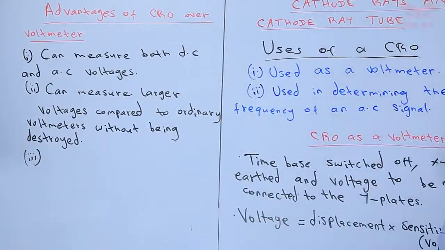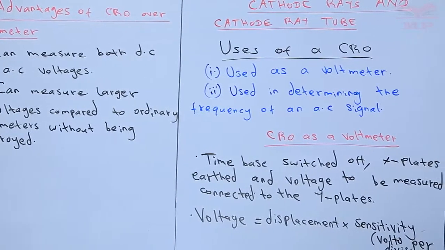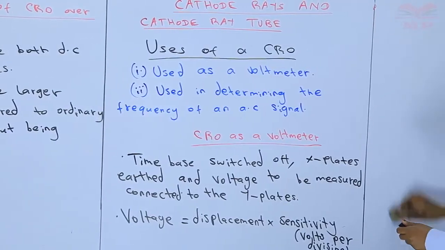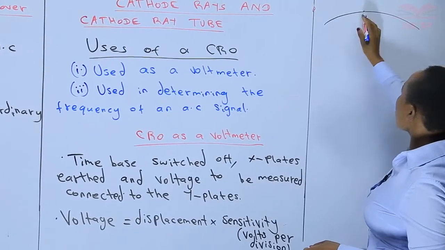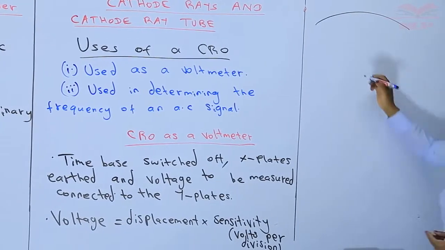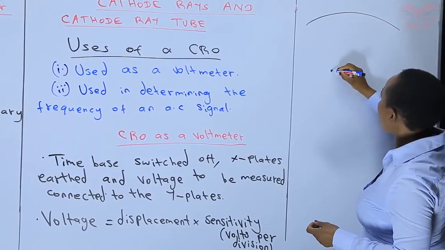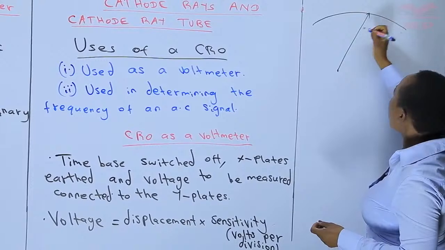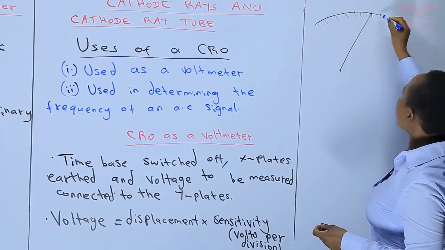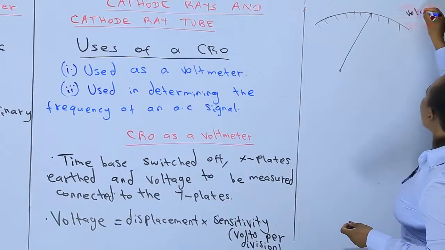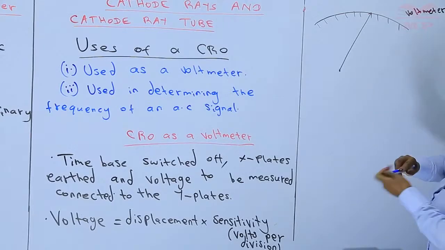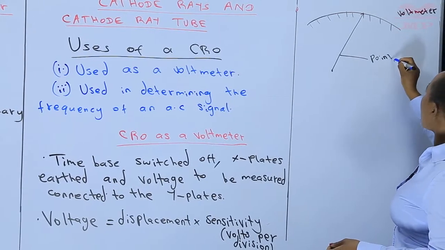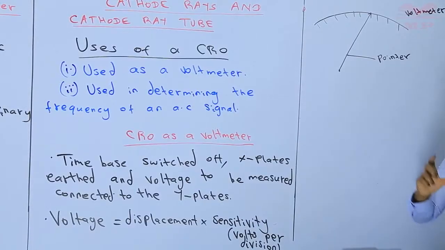Then we know very well that when we are using the voltmeters, in electricity, when you want to read the screen or the reading, we usually check how the pointer moves. If, for example, this is my pointer, these are the readings here on the voltmeter. We know very well that when you want to get the reading, the pointer swings.